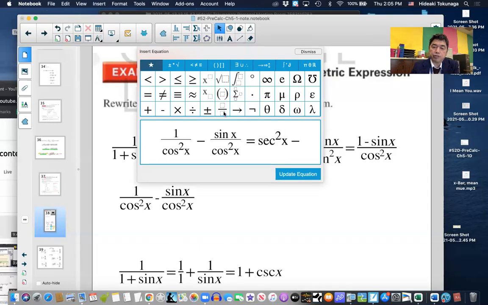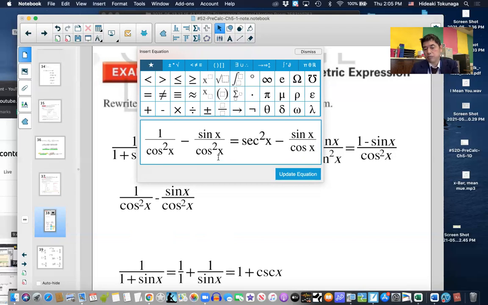Make sure you keep the fraction here: sine x over cosine x. Because it's a multiplication here, put the multiplication sign here.